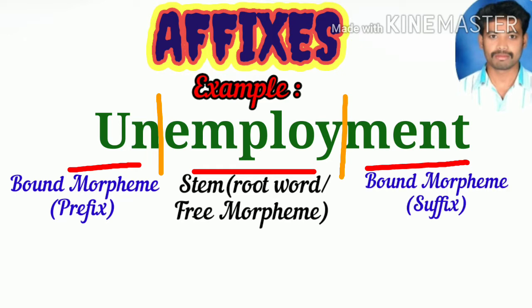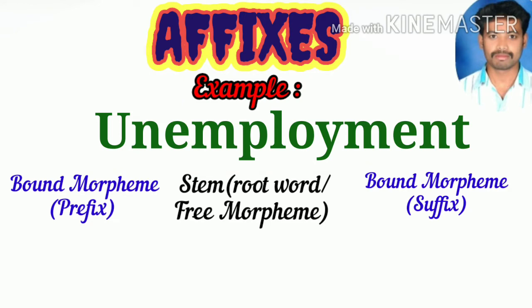In unemployment, the stem, the root word, the meaningful unit and free morpheme is employ. We add un to employ, so unemploy, and then ment, employment, totally unemployment.